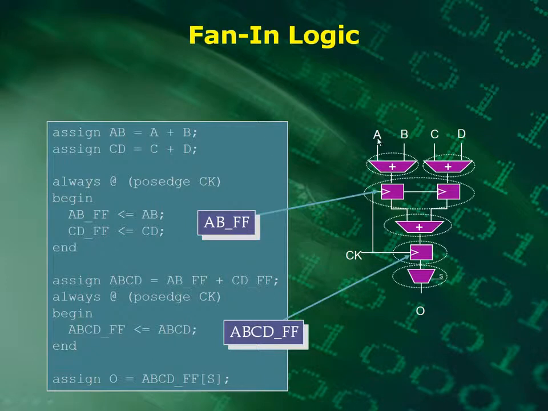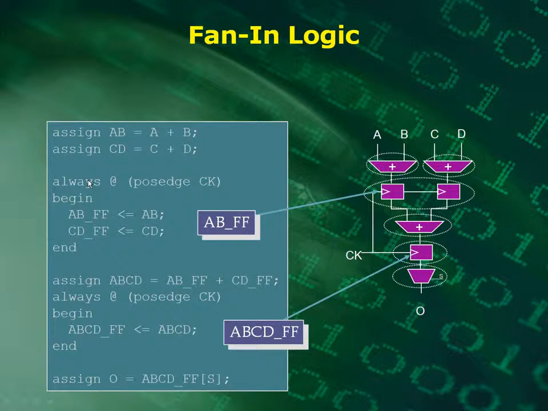Here we have these 4 inputs and we're going to produce an output. We've said that the addition of A and B is called AB, and the addition of C plus D is called CD. So that's what these two things represent.